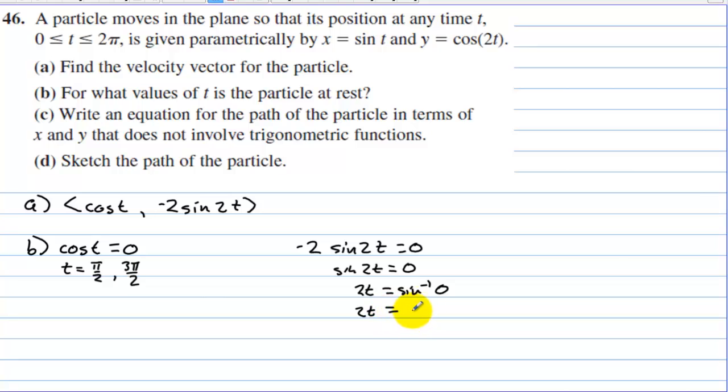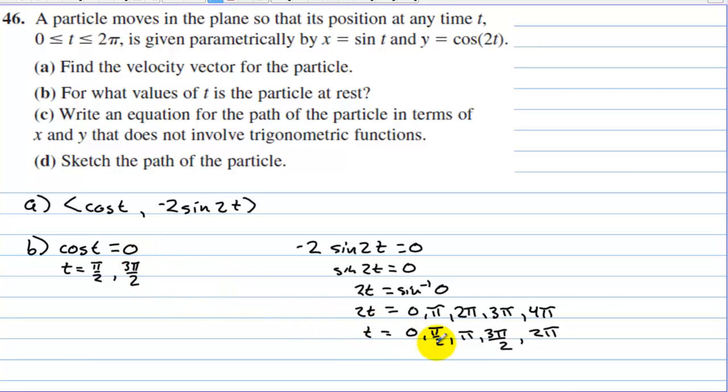So 2t is equal to 0, pi, 2 pi, 3 pi, and 4 pi. And we can use all of these because we're not talking about t, we're talking about 2t. So t is equal to 0, pi over 2, pi, 3 pi over 2, and also 2 pi.